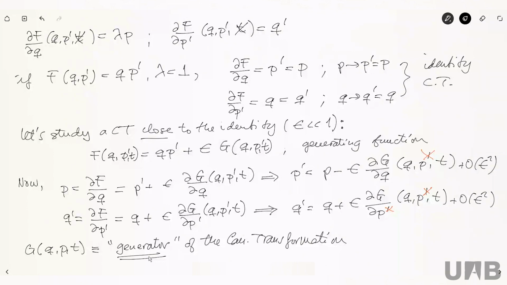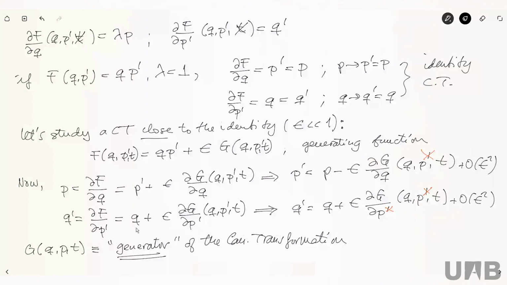For those who didn't, in quantum mechanics you are going to see that rotations are basically the exponential of a generator, and the generator is the angular momentum, and translations are also the exponential of a generator, and that generator is the linear momentum. So in this sense, we call this thing generator. Again, G, the generator of the canonical transformation, measures in here and here the deviation from the identity.